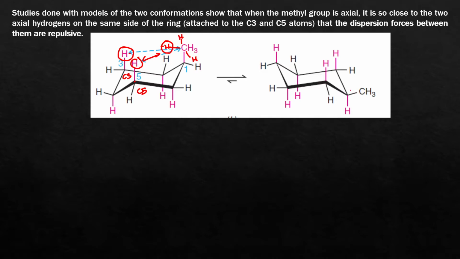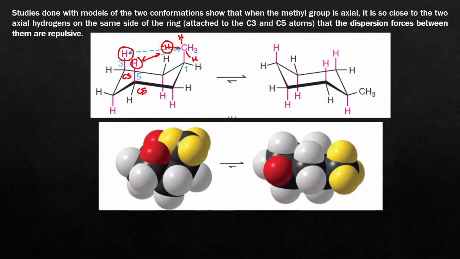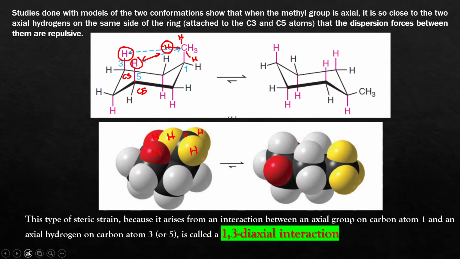If you see the space filling model of methyl cyclohexane, this is the carbon atom and these are the hydrogen atoms. This is where the methyl group is at the axial position, and this hydrogen atom is attached with carbon number C5 and this hydrogen atom is attached with carbon number C3.